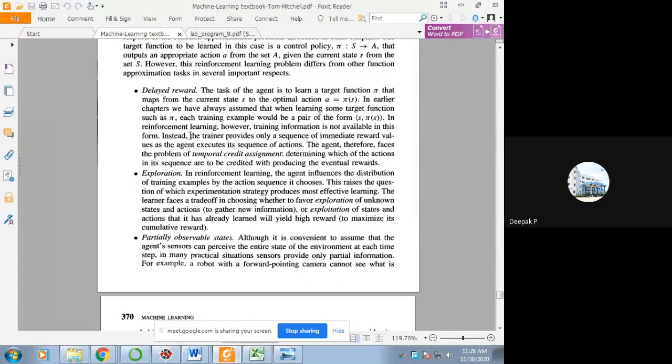We can automatically give the values through the programming concepts. So this type of assigning a particular reward through immediate concepts is for the agents executing a sequence of actions. Okay. So there will be a problem here. One problem is how temporal credit assignment should be given to the state.